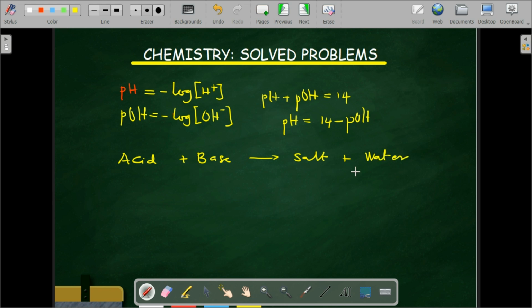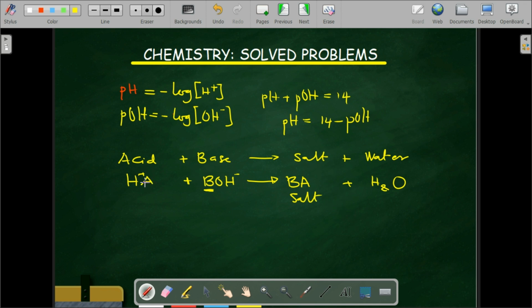Okay, that is, the hydrogen from an acid, let's say we have an acid HA, for example, reacts with a base, let's say a base BOH. Okay, what happens? The proton here, the hydrogen plus, combines with the hydroxyl to form water molecule, and the cation of the base combines with the anion of the acid to form the salt.